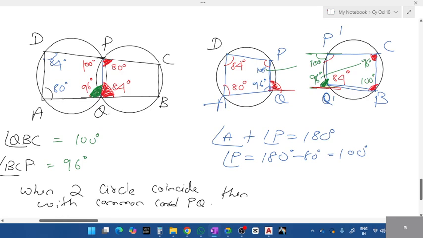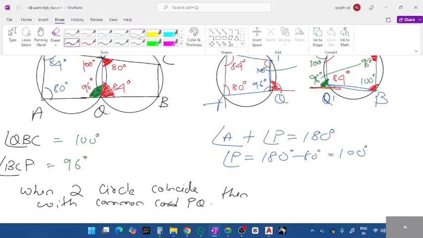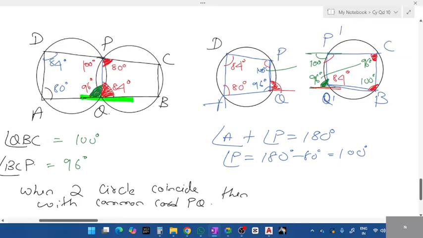Can you see that angle Q is 180 degrees? The entire value of Q is 180. What about the entire value of P? 180. The meaning of 180 degrees is a straight line.